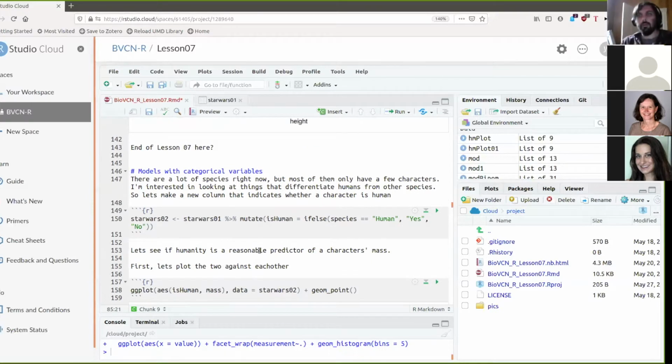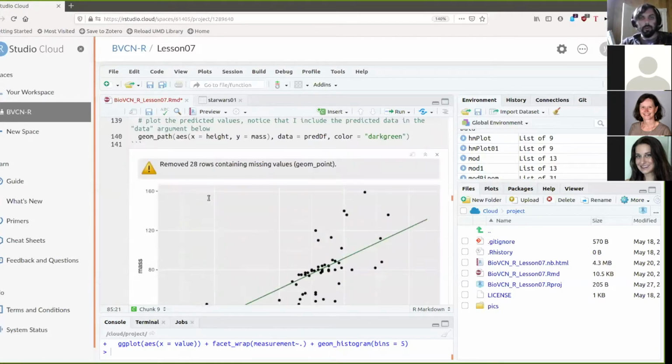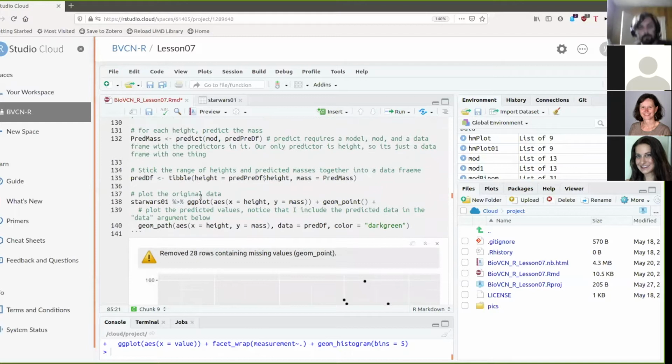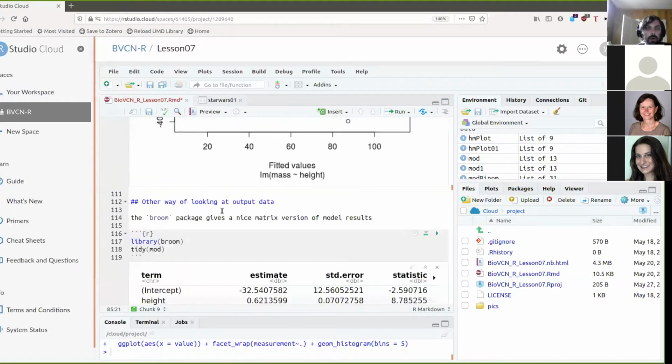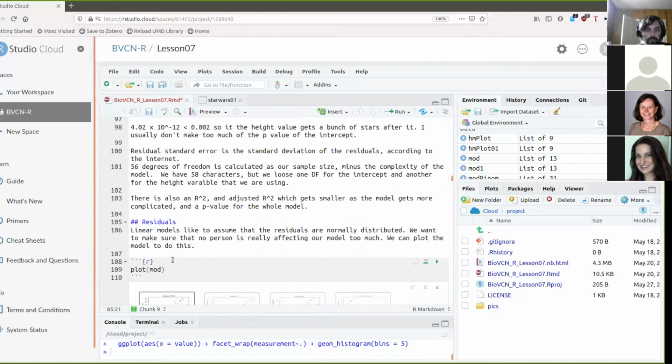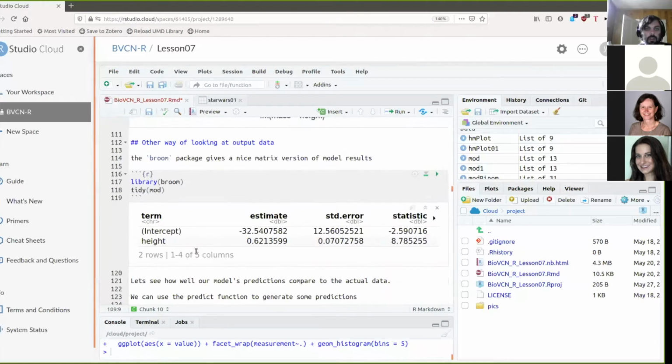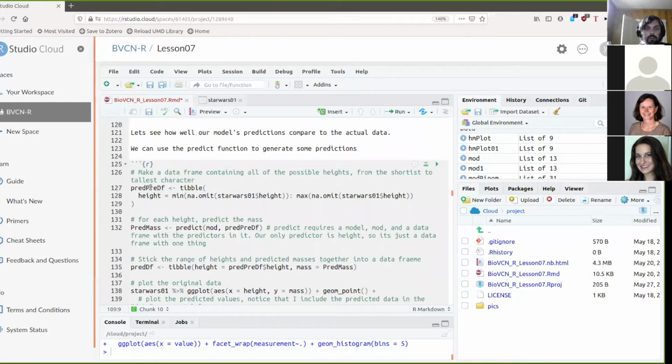So what I would like to do is quickly review the prediction part of it, the very thing we did at the end. We had our model, which we called mod. To do the prediction, I made a new data frame with basically all the possible heights, from the height of the shortest person to the height of the tallest person.